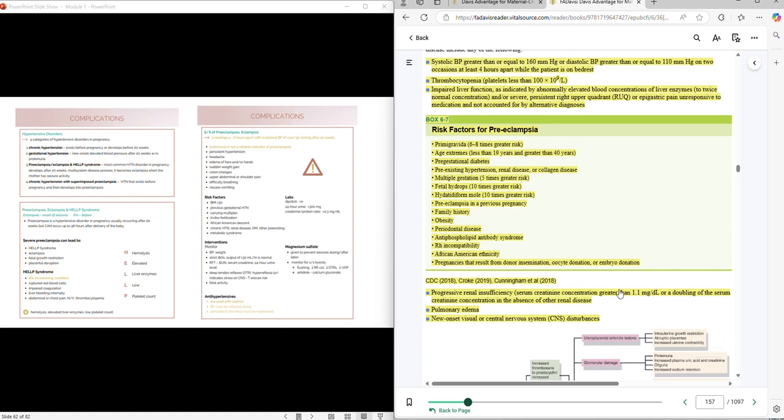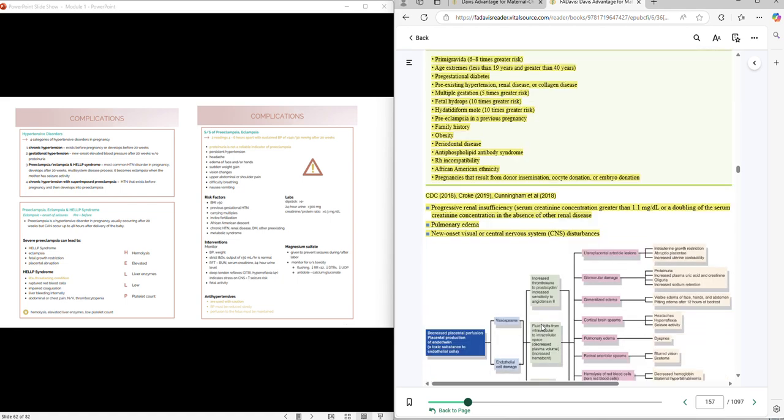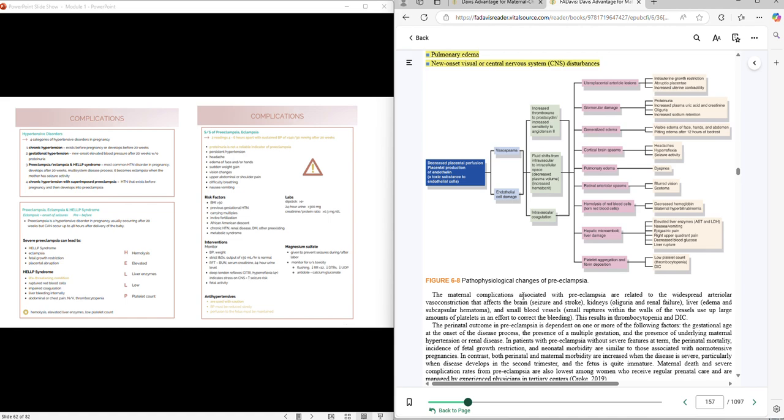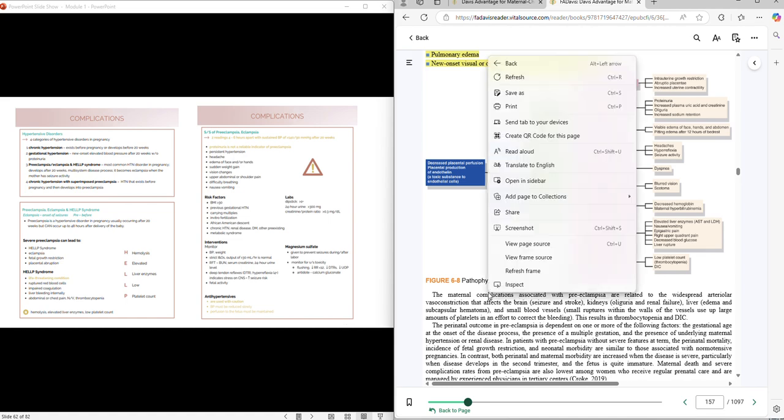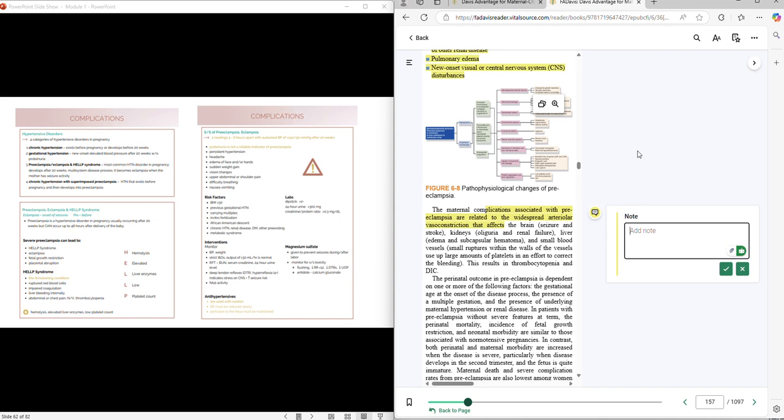I want you to also add some for preeclampsia. So let's add a note. So for preeclampsia, you've got some cerebral manifestations, such as headache and dizziness.